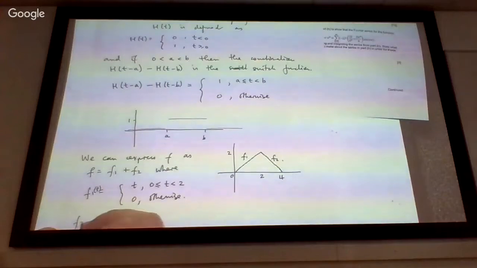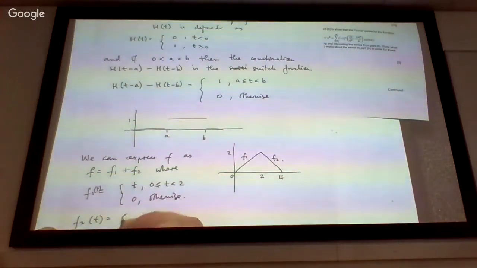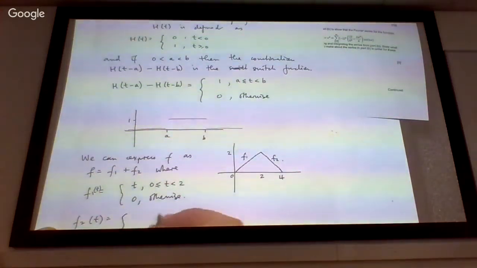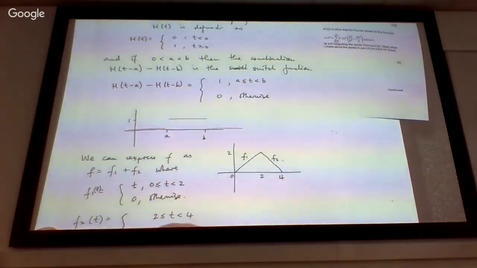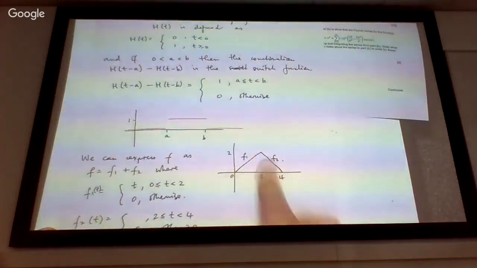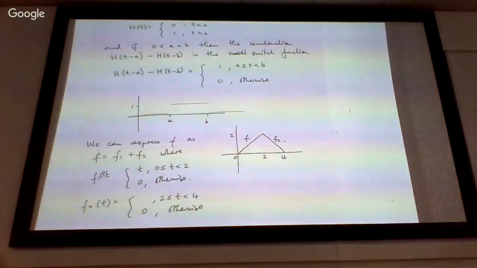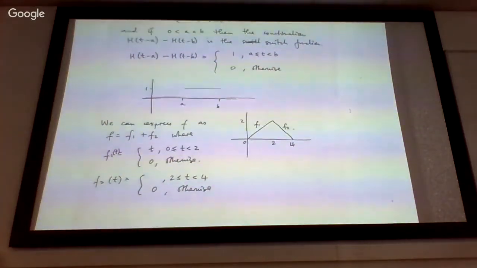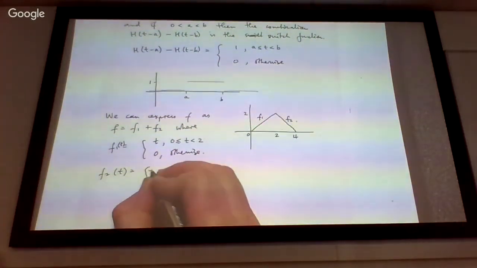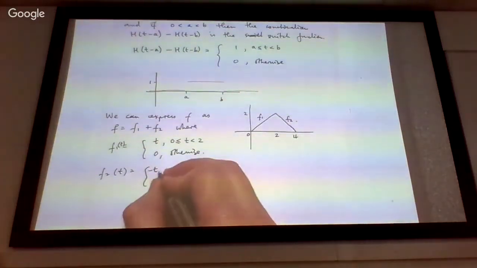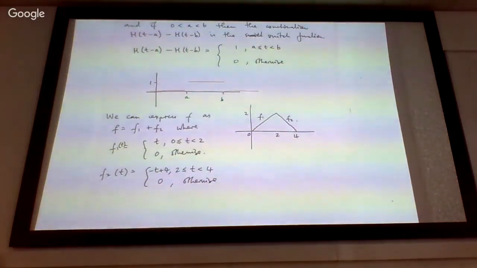And the function f2 of t is going to be non-zero between 2 and 4, 0 otherwise. Then we just need the equation of that line. That's the line of slope minus 1, so it's going to be minus t, and it's got intercept 4, so minus t plus 4.